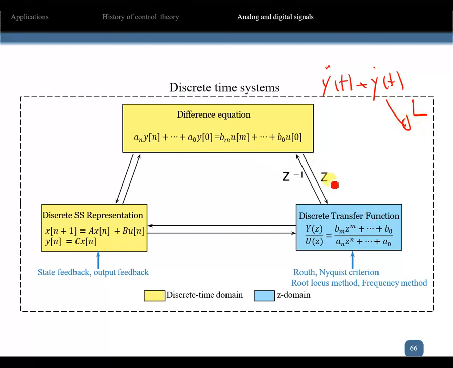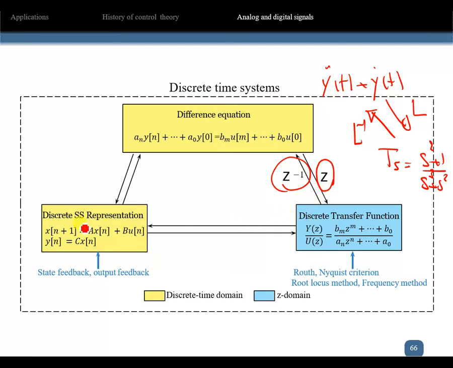Here you will learn that with the z transform you go to discrete transfer functions. Here you find the transfer function in the s domain, for example s plus 1 and s cubed plus s squared, and with the inverse Laplace we go to the differential equation. Here by the inverse z transform you go to the difference equation.